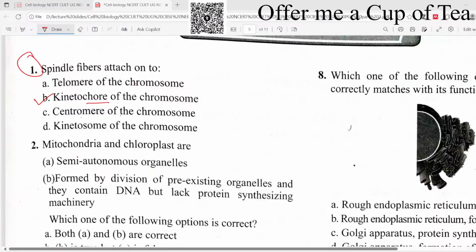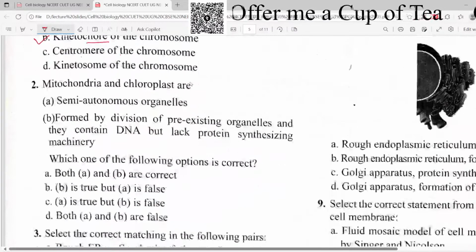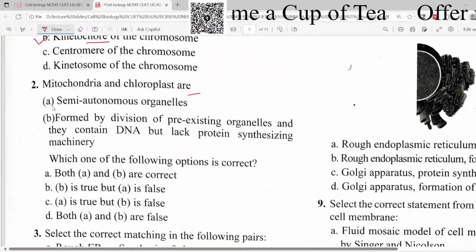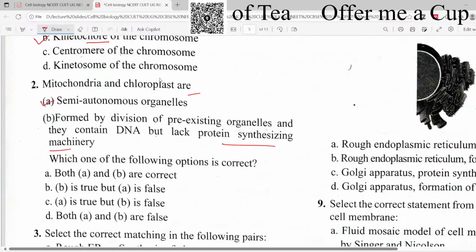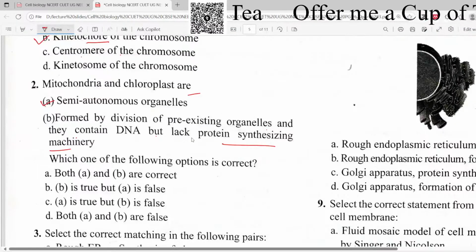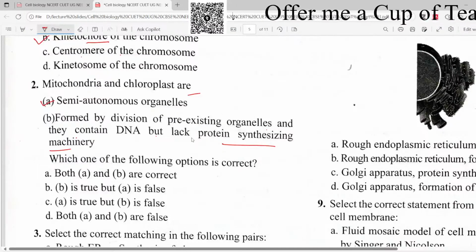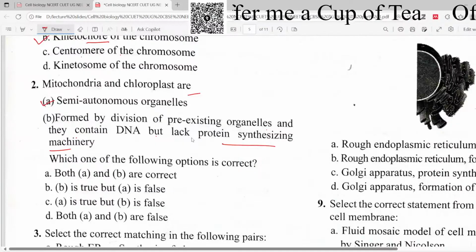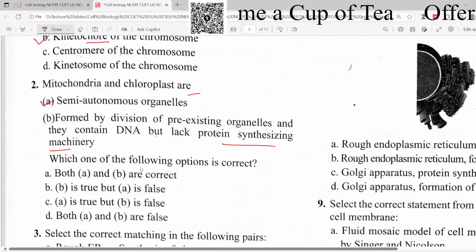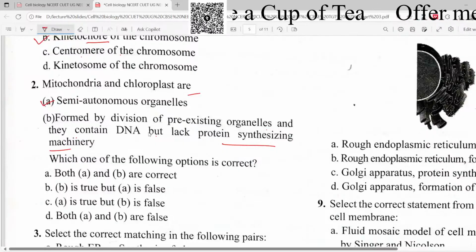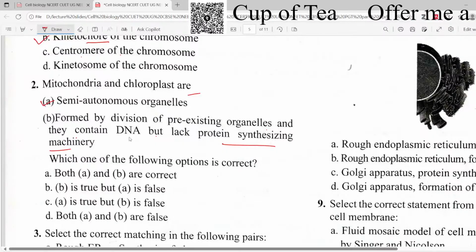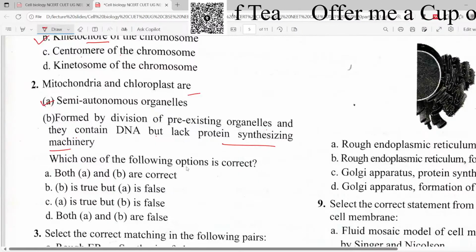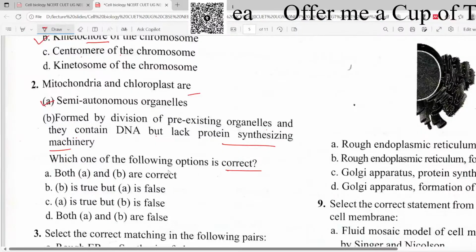Next question. The mitochondria and chloroplast are: which one of the following options is correct?